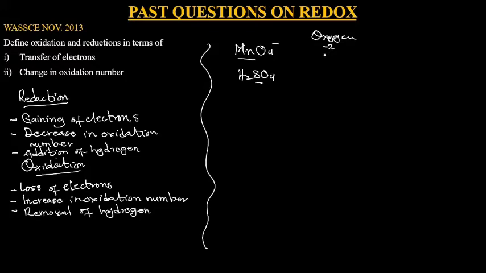Okay, and when you have some compounds like peroxides, oxygen will have an oxidation state of -1 in peroxide. So for example, if you have hydrogen peroxide H2O2, oxidation state of oxygen will be -1. So in short, they represent oxygen with O2 2 minus.